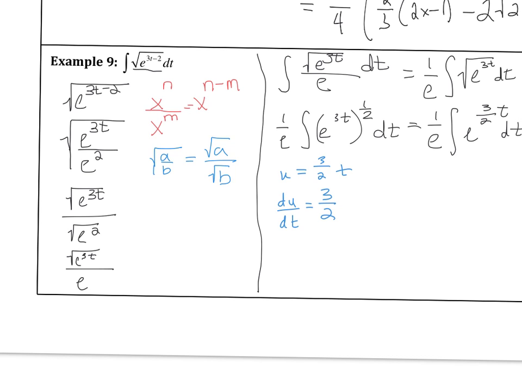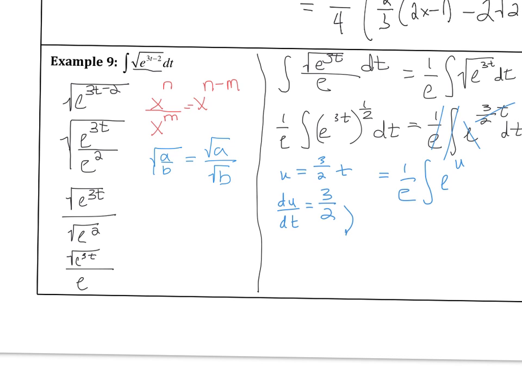Great. So let's start to rewrite our integral. We'll have 1 over e, just a scalar multiple, the integral sign. Then we'll have e to the u, that takes care of the e, that takes care of the 3/2 t, and then dt. We need something that is equal to dt.